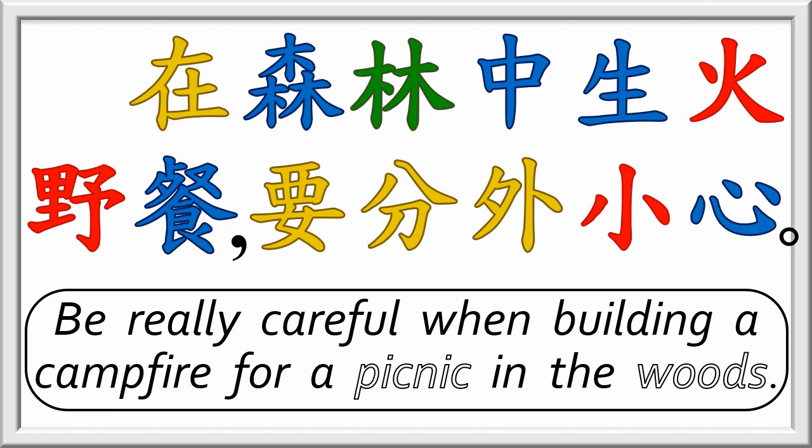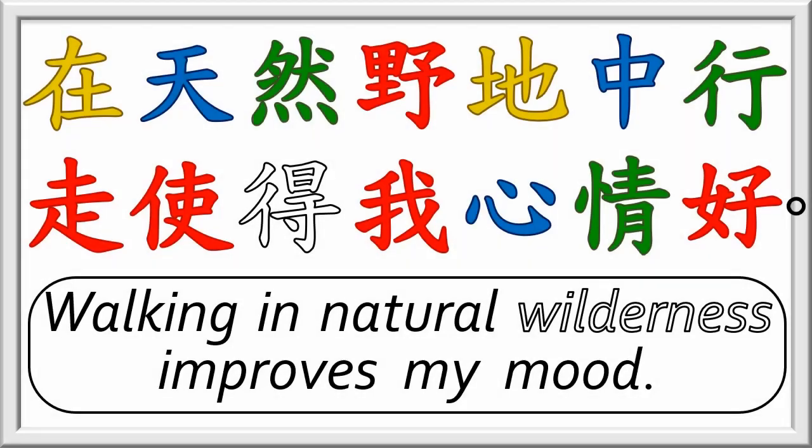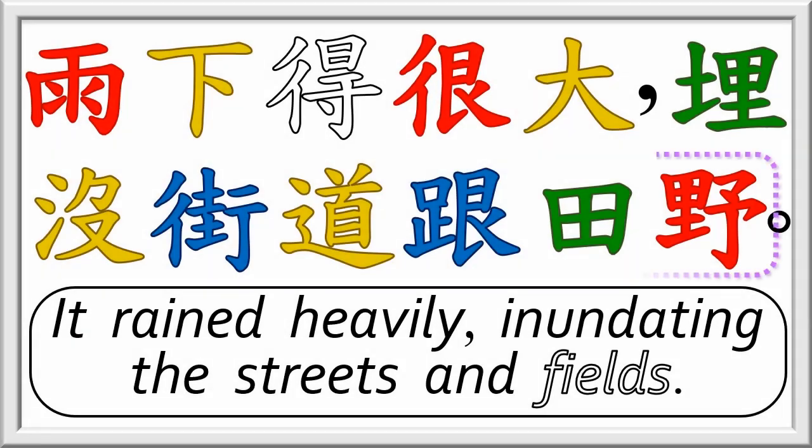Be really careful when building a fire for a picnic in the woods. 野地 means wilderness. 在天然野地中行走，使得我心情好. Walking in natural wilderness improves my mood. 田野 are fields or cultivated land. 雨下得很大，埋没街道跟田野. It rained heavily, inundating the streets and fields.